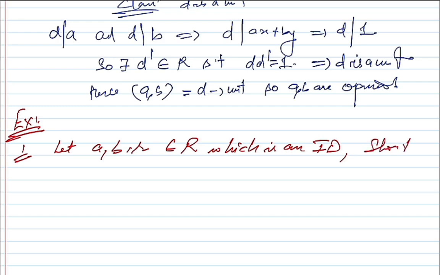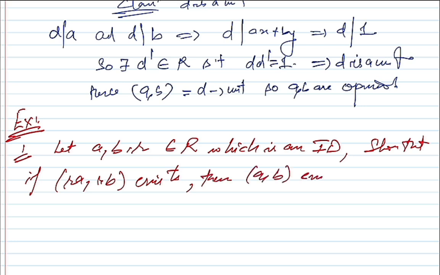Show that if the LCM of RA and RB exists, then the LCM of A and B exists.